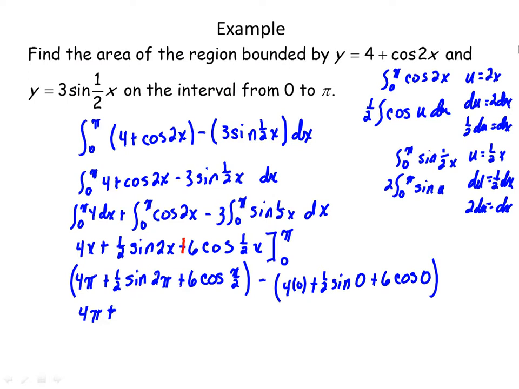So if you know your unit circle, a little bit of a trig lesson here. Sine is always Y. Cosine is always X. And of course, tangent is always Y over X. This is an ordered pair.